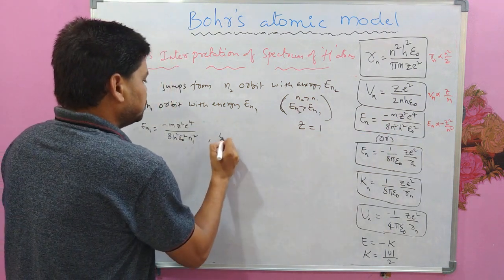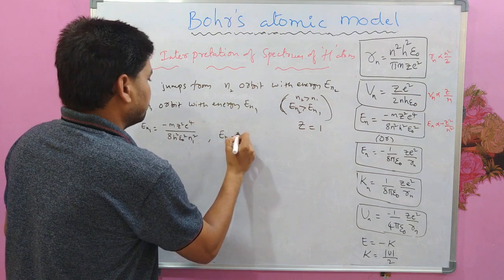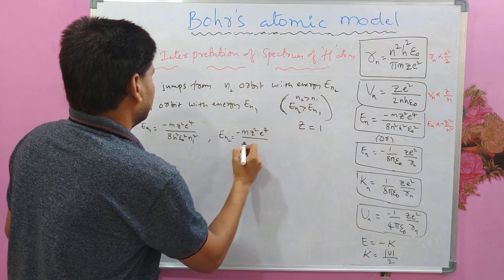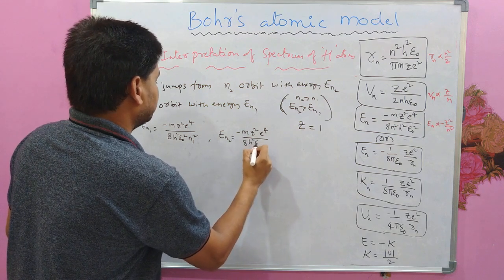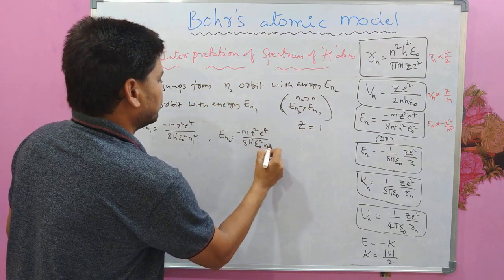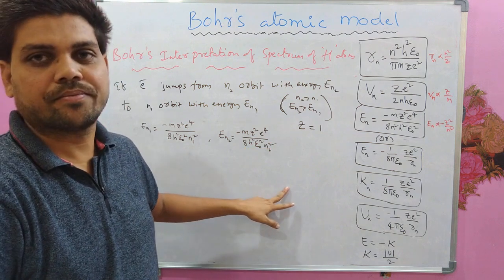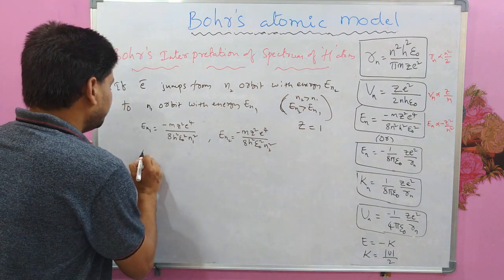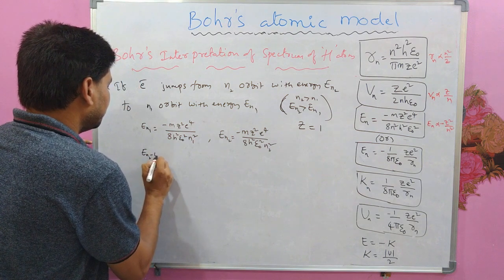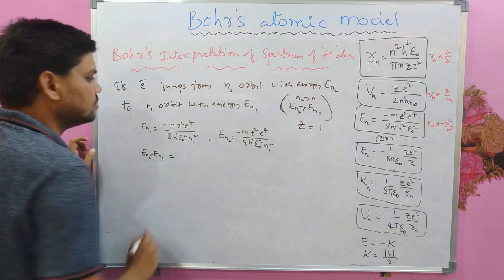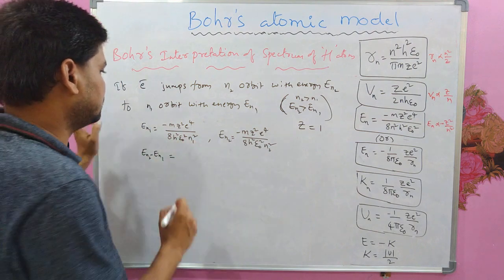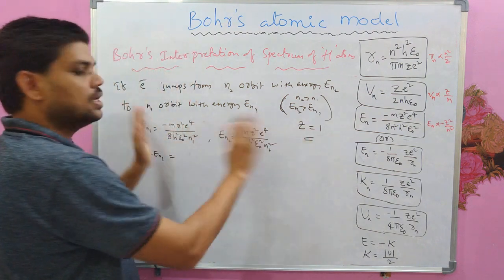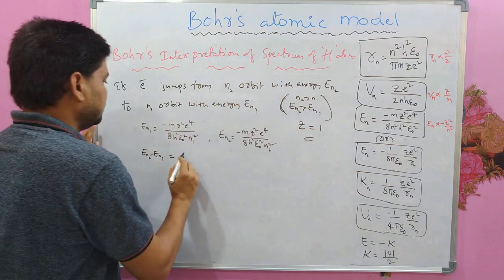And En2 will be minus m Z square e power 4 by 8 h square epsilon naught square n2 square. So En2 minus En1 is how much? This minus this. I am substituting Z equal to 1 so that I can take Z out of the expression.